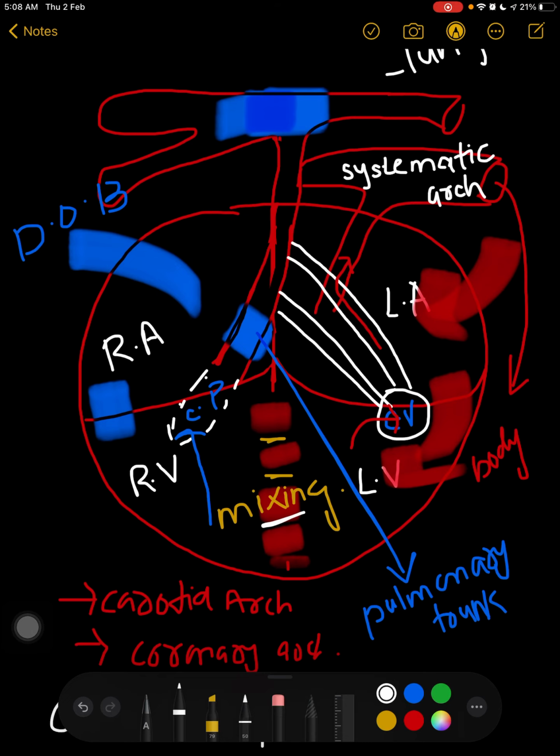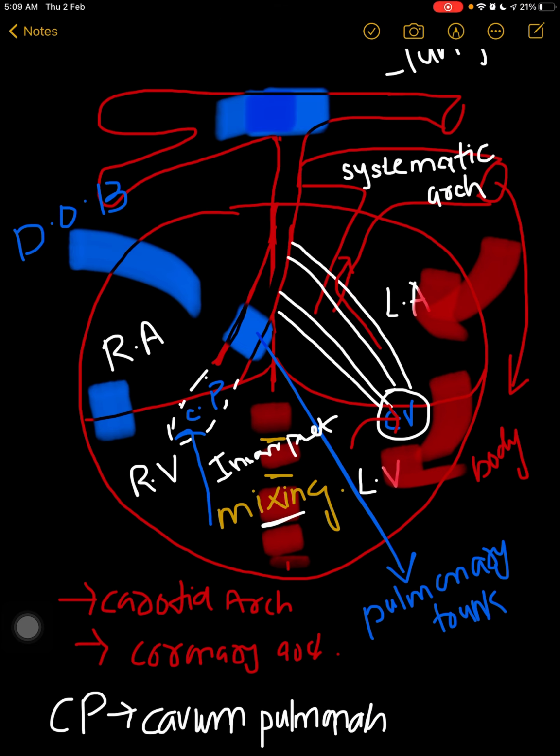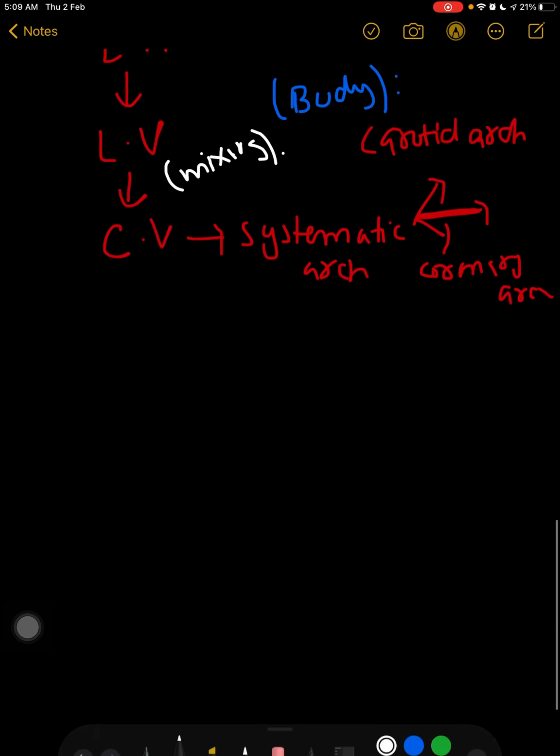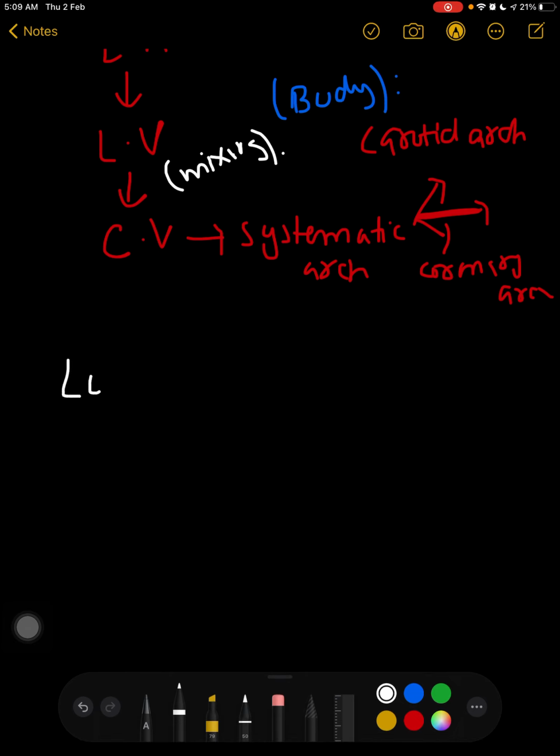Basically there's mixing, but there's a low amount of mixing, as we have seen in amphibians. There was a high amount of mixing, like there was no such interventricular septum, right? But here we have one, which is incomplete. So it means there will be a low ratio of mixing.